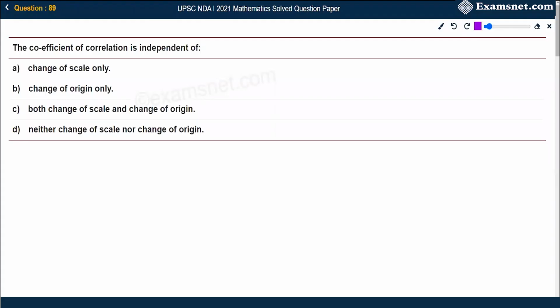In question number 89, it is given that the coefficient of correlation is independent of, there are four options given. First, we will talk about the coefficient of correlation.